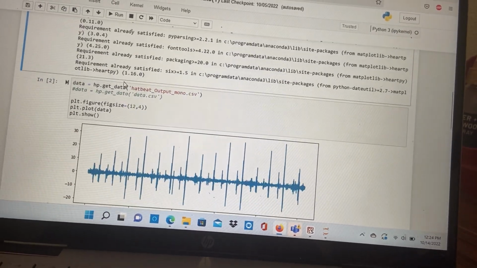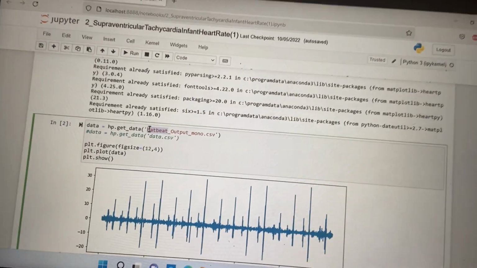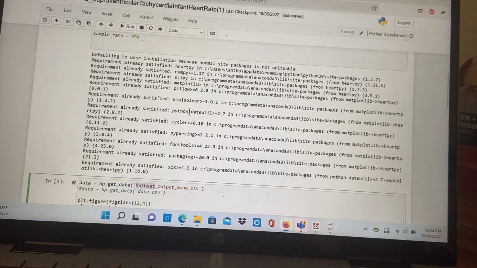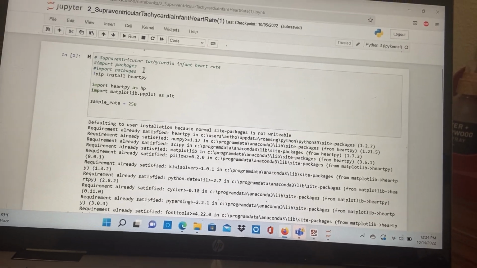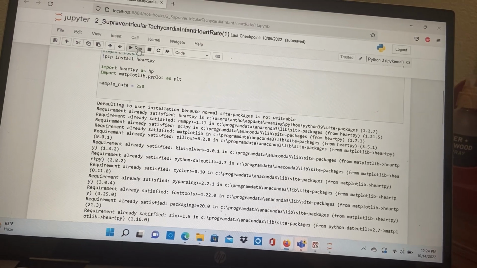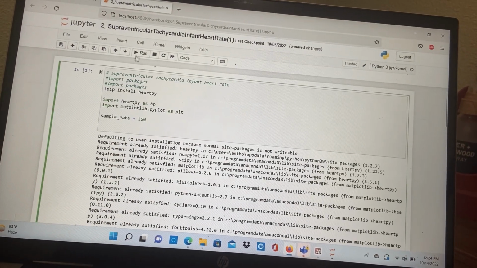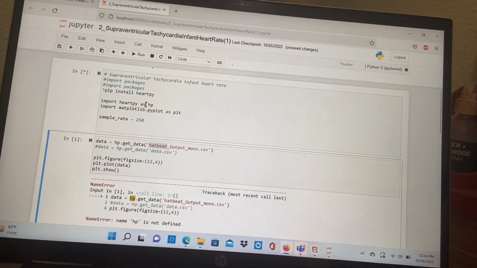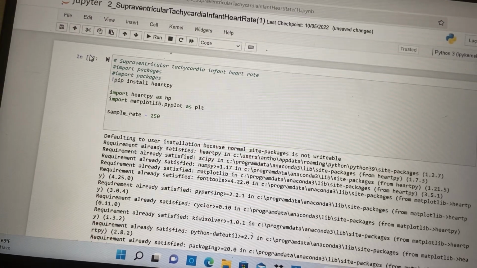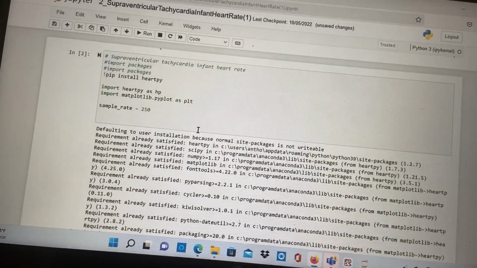You can see I saved it here as heartbeat. I'm going to run the code by section. It's going to give me this. It runs, and it says the code is perfectly okay.